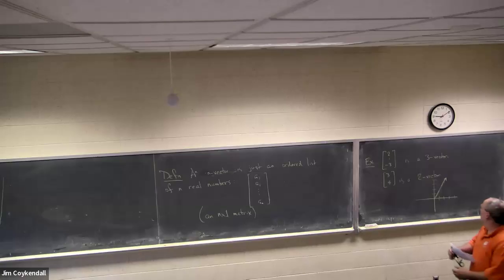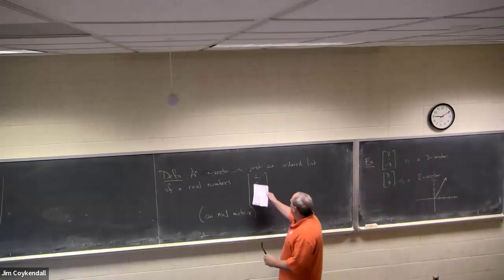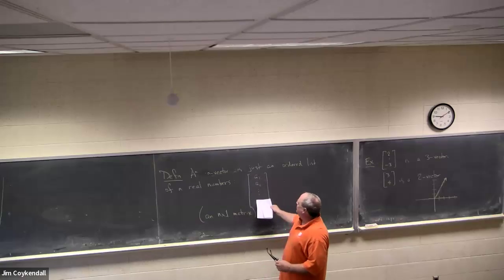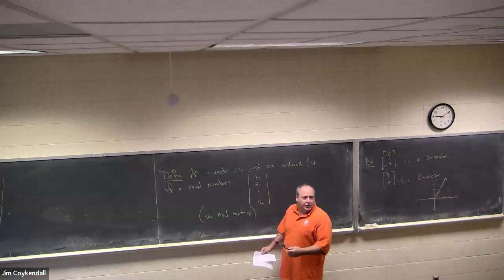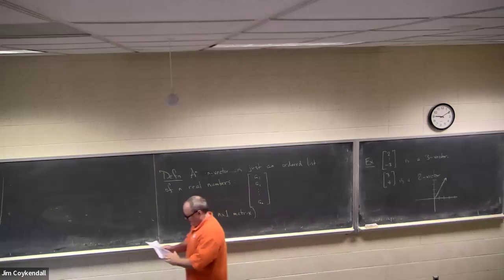Sometimes we say this vector has n dimensions because that's the number of parameters it takes to tell me what the vector is. I need n numbers to tell me exactly what it is.